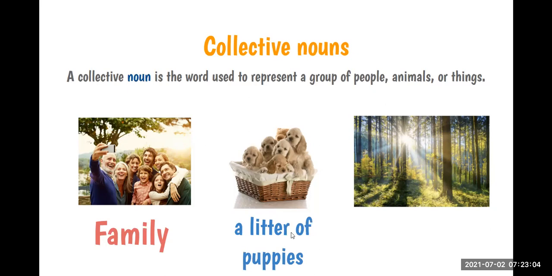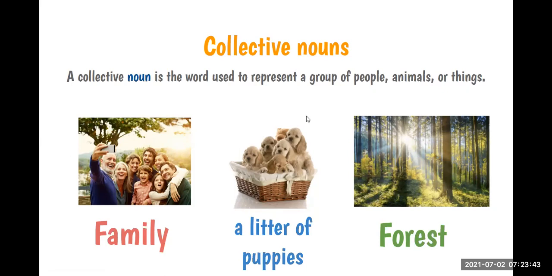These are animals that were recently born. Una camada. Yes, very good. Una camada de cachorros, ¿cierto? We can use this for cats too. A litter of kittens, right? What about the other one? Forest. Forest, right? It's a group of trees. Very good. As you can see, we can have collective nouns for family, animals, and we can have these two for things or objects, okay?